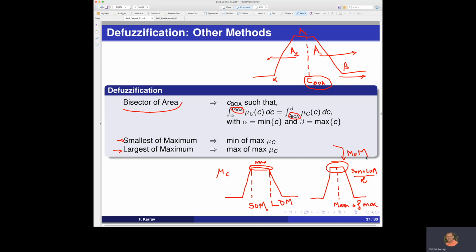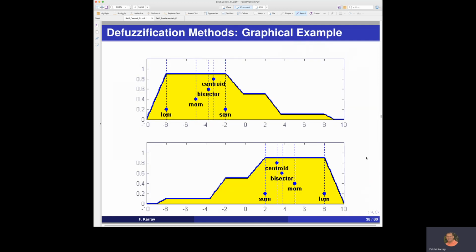So these are some of the methods that people have utilized in defuzzification. We have seen so far 6 or 7 of them. So let me give you an example for this particular membership function, for this particular system here.